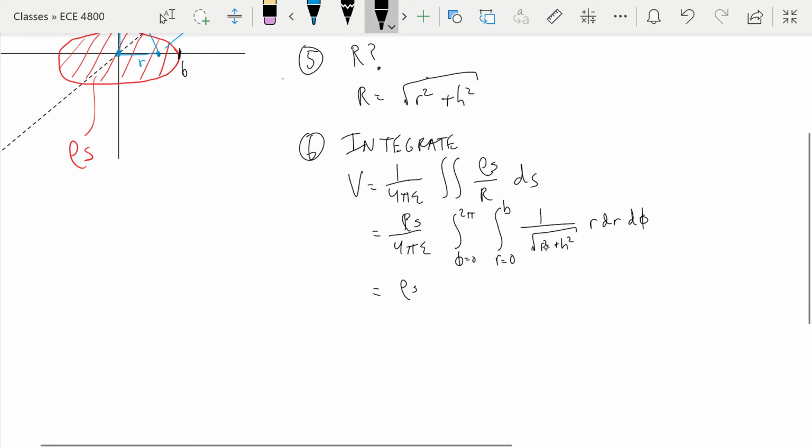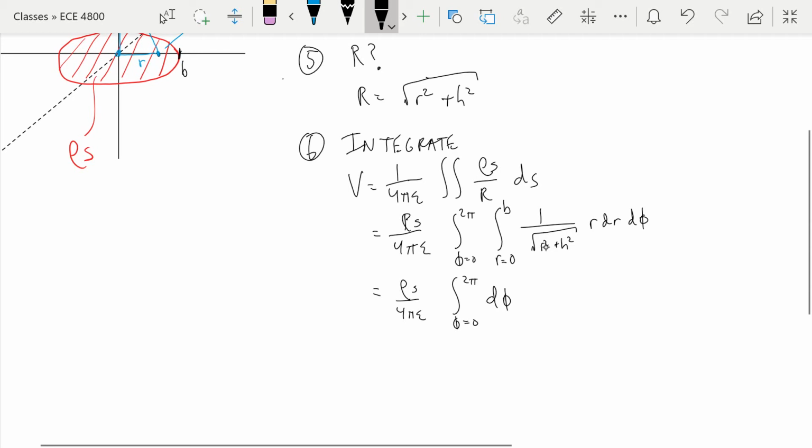Rho s over 4 pi epsilon. Now, in this type of situation, we have this function of r that you see here, and then we also have a function of phi. So when you have a function of r here and there's no phi in here, that means the functions are independent, so you can separate them out as we've done before. So we can just do phi equals 0 to 2 pi, and d phi goes here.